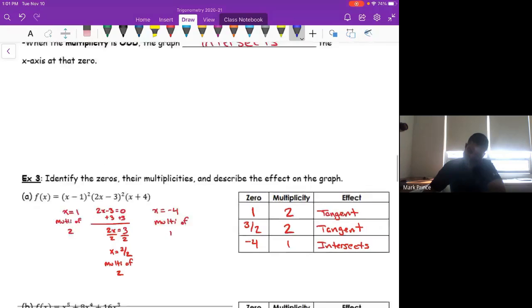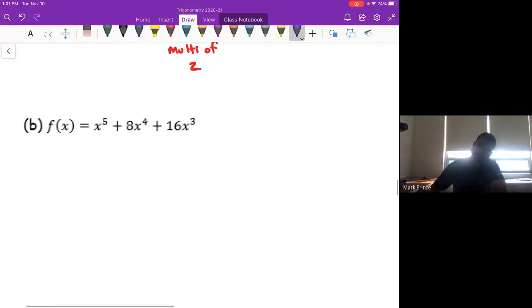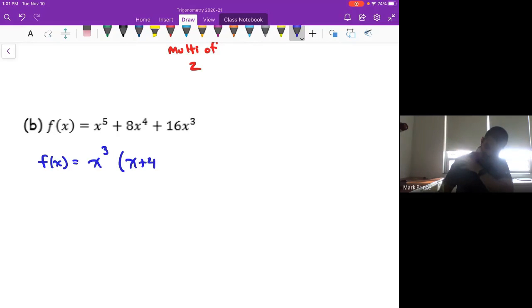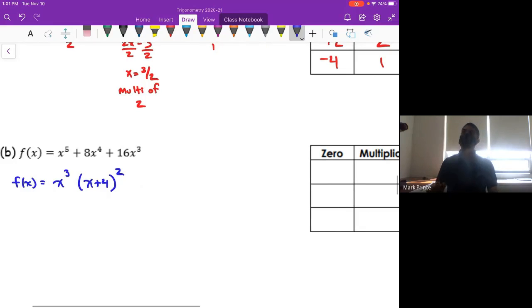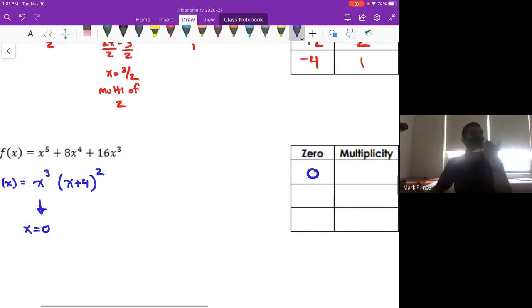All right, and then the last one, got some work to do. I'll write it all out for you. I've done a lot of factoring already today, so our final answer for this one will end up being x cubed times (x plus 4) squared. So when that's all factored, that's what it looks like. So x cubed would end up being x equals 0, with a multiplicity of 3 because it's cubed.